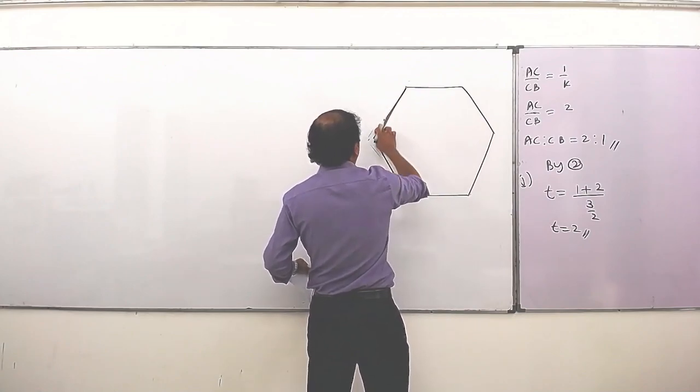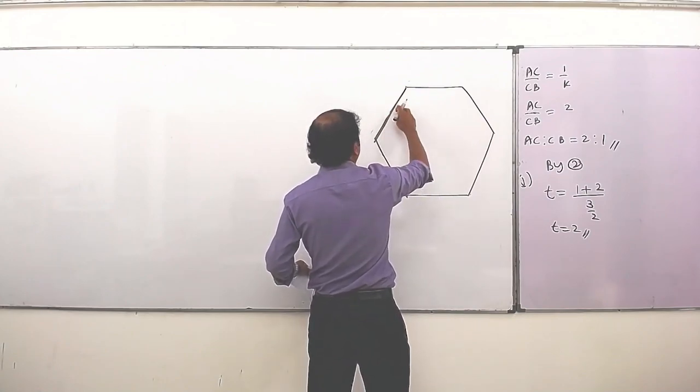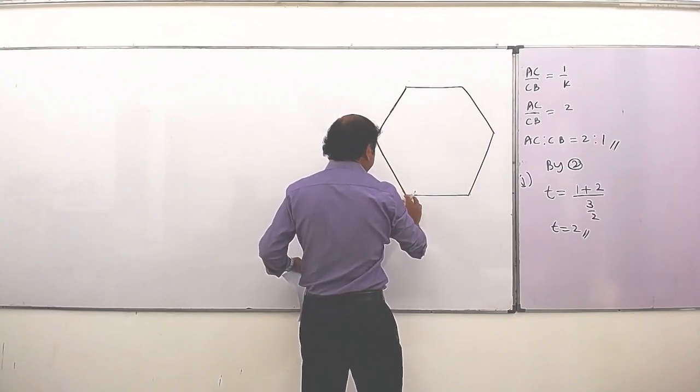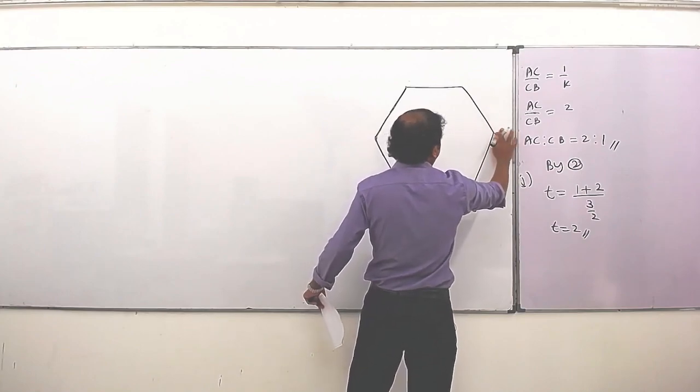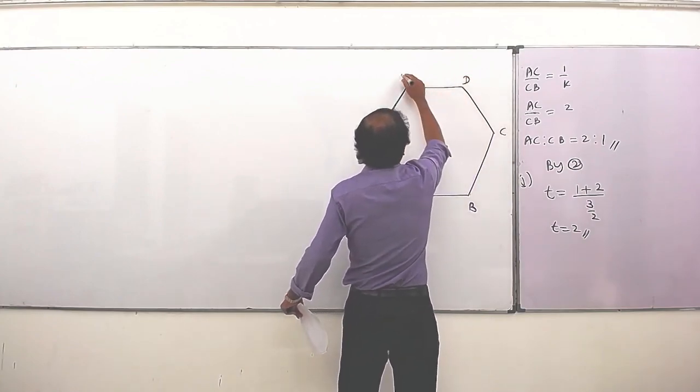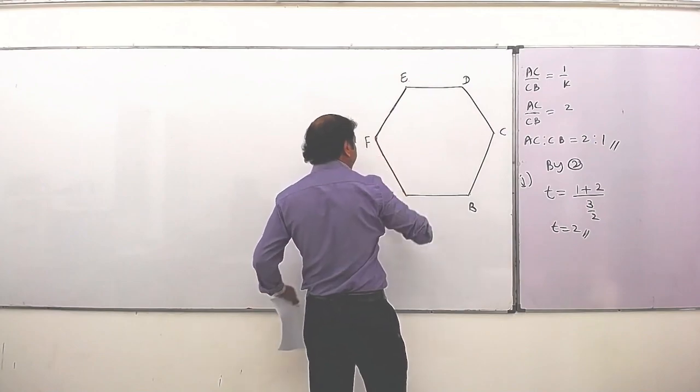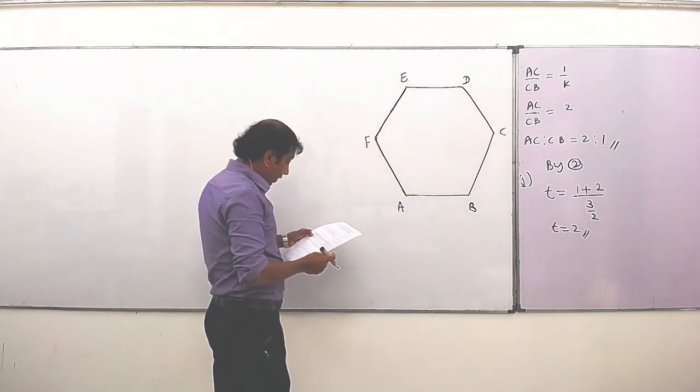Okay. Here's a regular hexagon, A, B, C, D, E, F. Forces act like this.